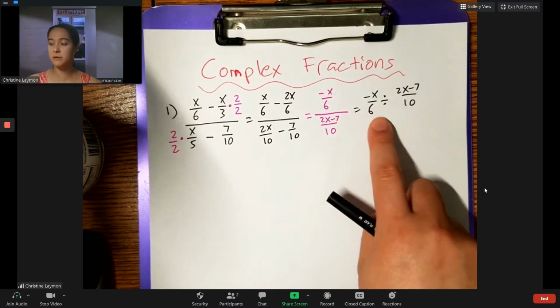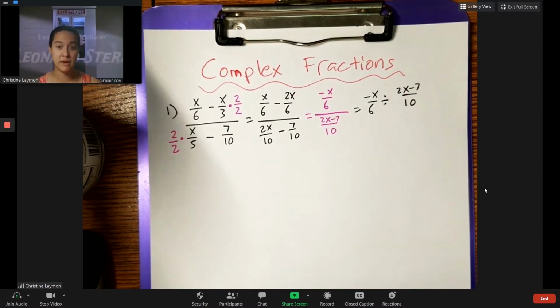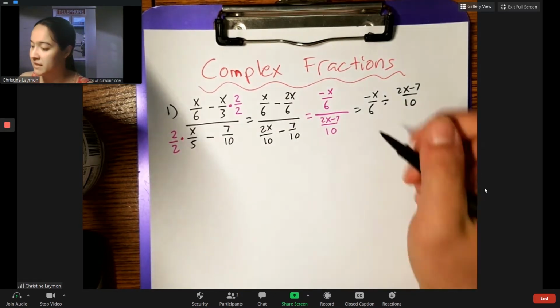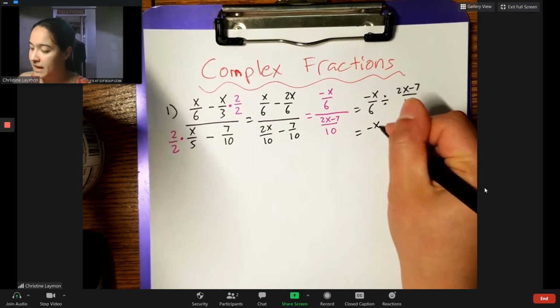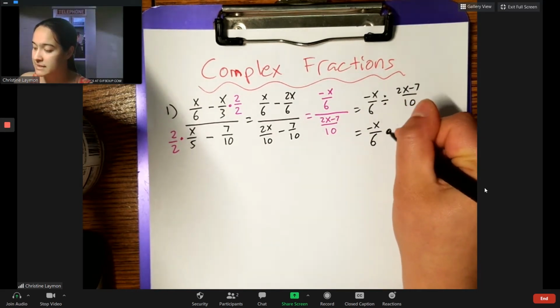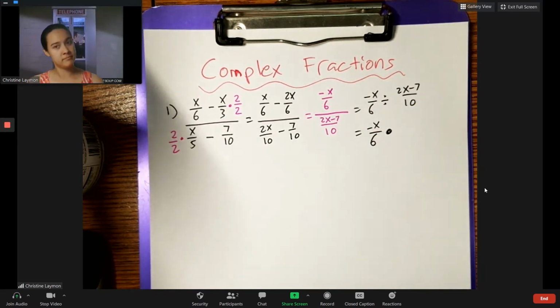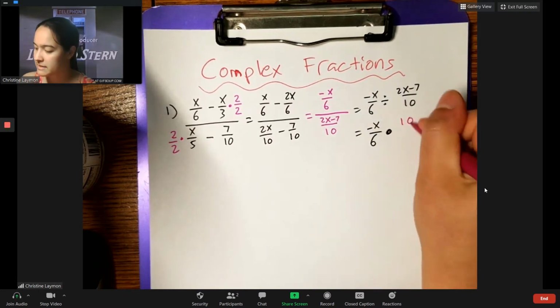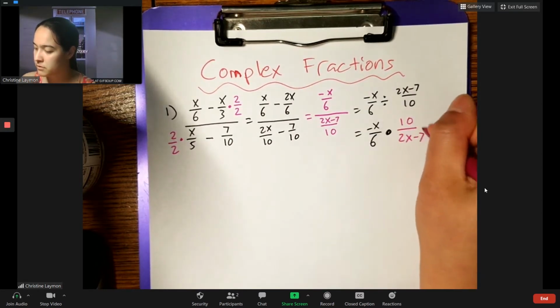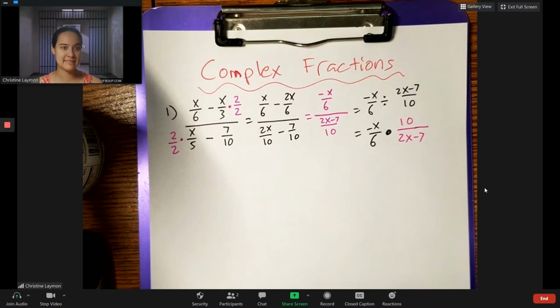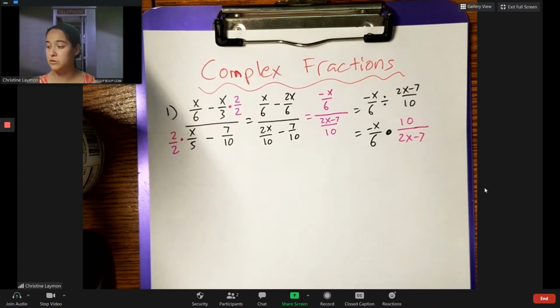So basically, dividing by a fraction is multiplying by the reciprocal. So this is the same thing as negative x over 6 times, now flip the other part, 10 over 2x minus 7.